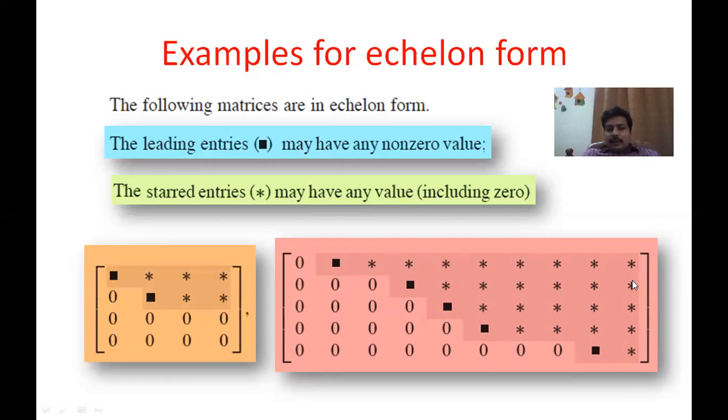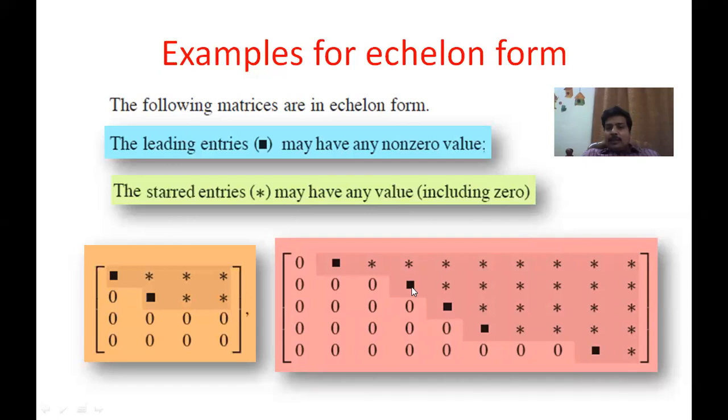In the second column, this is the first non-zero element, that's why it is the leading entry. It is to the right of the first leading entry, and all the entries below it are zeros. Next, in the third row, this is the first non-zero element, that is the leading entry.